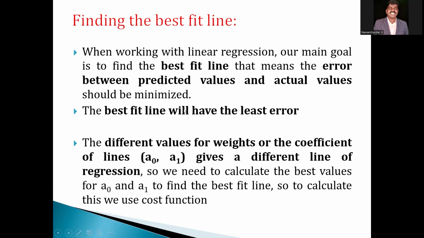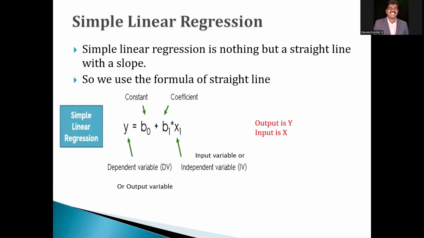The different values for the weights or coefficients of the line, we can call a0 and a1. As I told you, a0 we have seen already in the line diagram. We can say that is the constant, and the coefficient is a1. Got it?